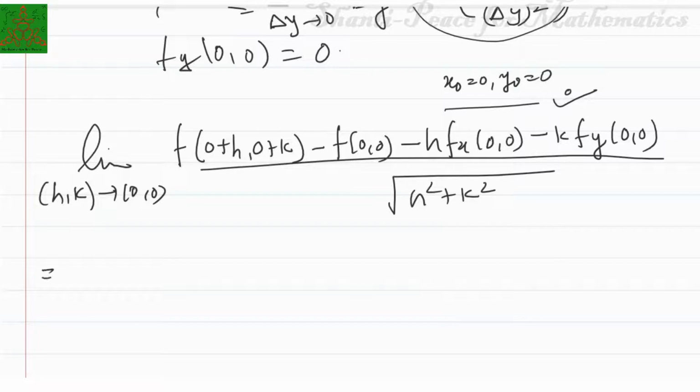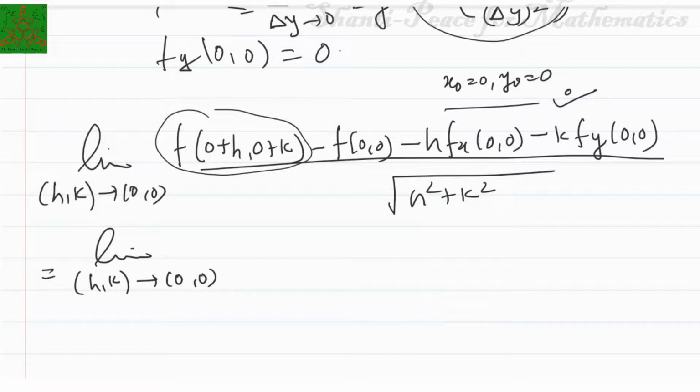So this gives you the limit as (h, k) tends to (0, 0). Now what is this quantity? The first quantity, 0 plus h, 0 plus k, is nothing but f(h, k), and we know that the function f(x, y) is x square plus y square into sine of 1 upon x square plus y square.